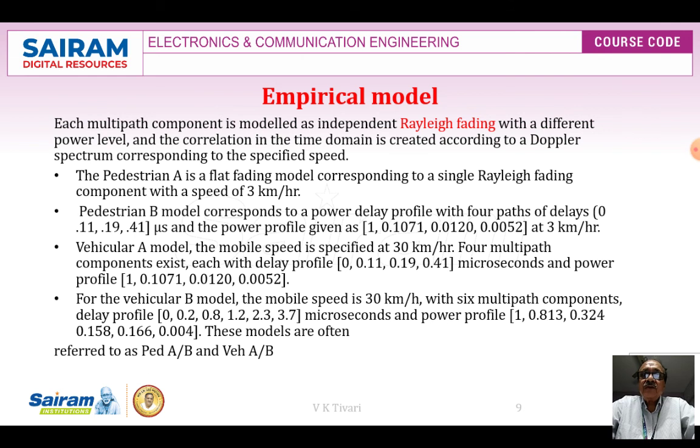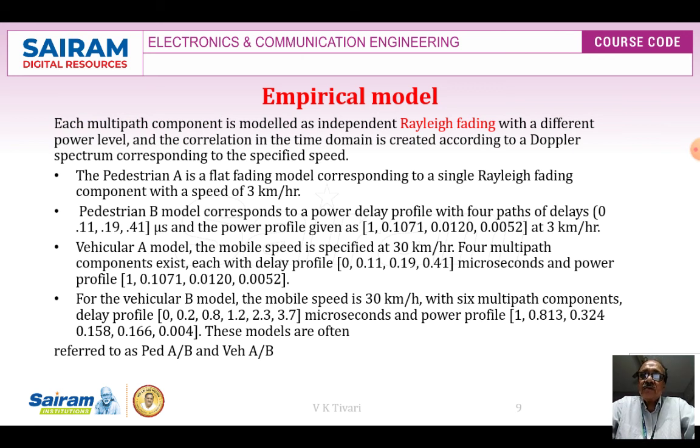In this empirical model, each multipath component is modeled by Rayleigh fading with a different power level, with correlation in the time domain created according to the Doppler spectrum corresponding to the specified speed.